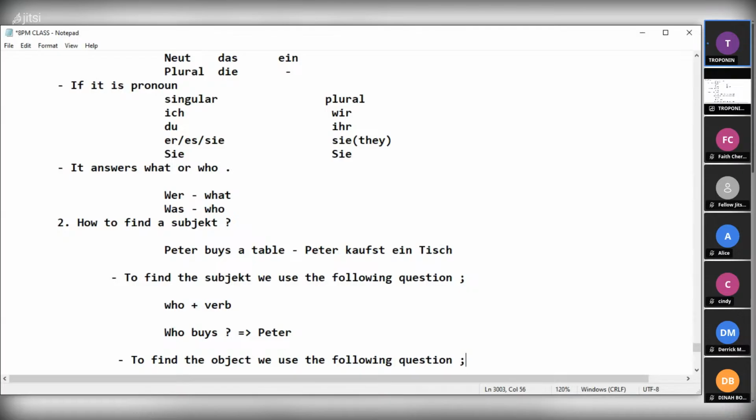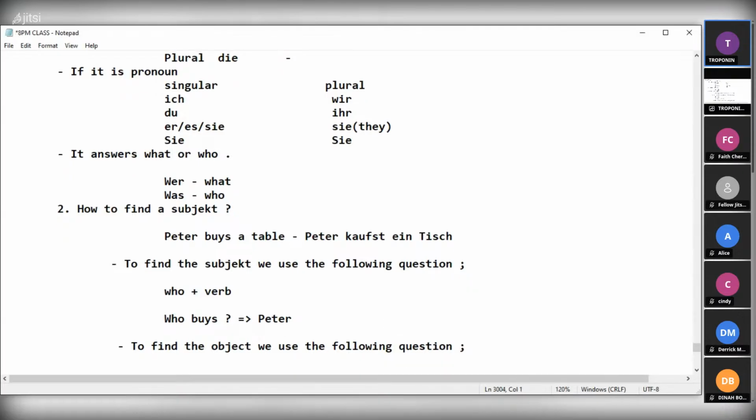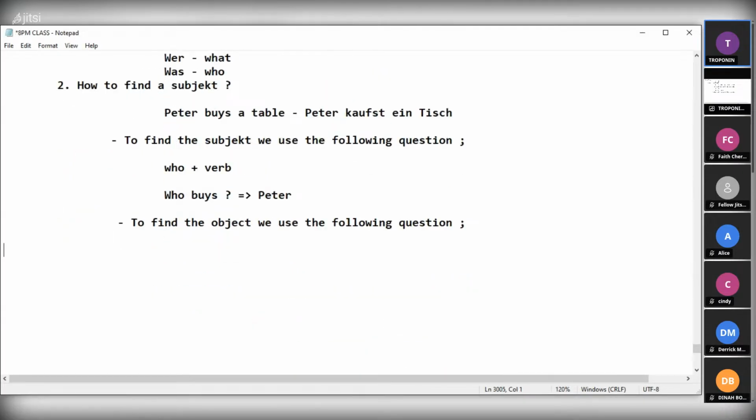We use the following question to find the object.